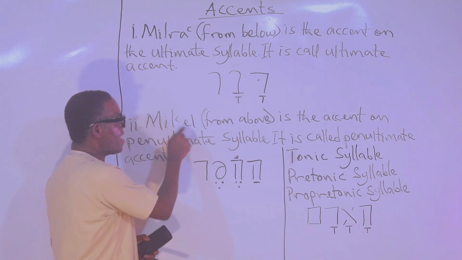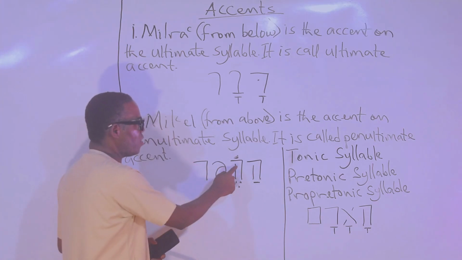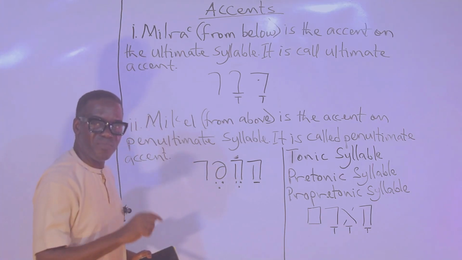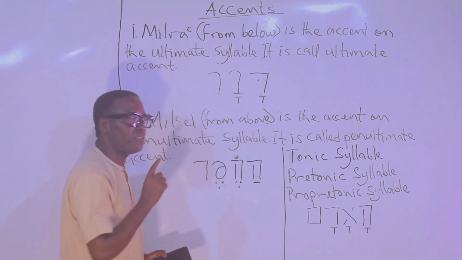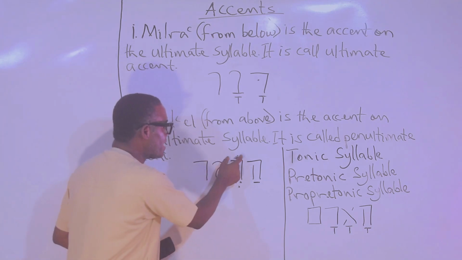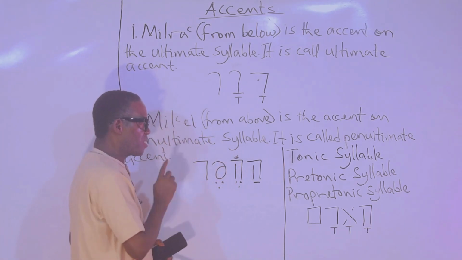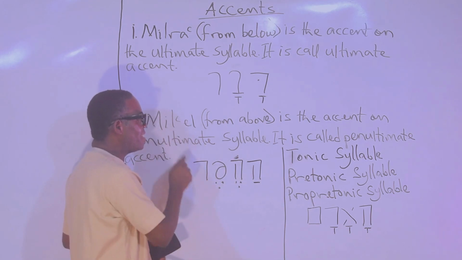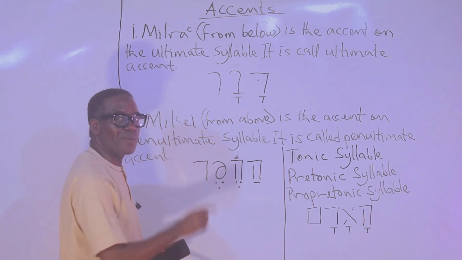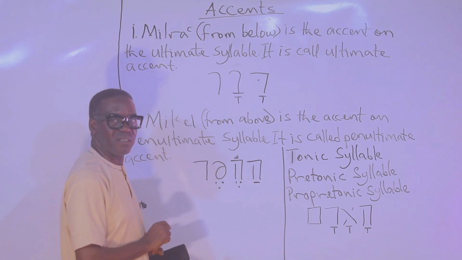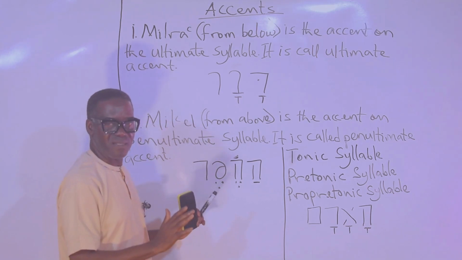Now, mil-a, which is the accent on the penultimate syllable, or penultimate accent, is indicated. So when you see it on the syllable before the tone syllable, you should know that this is mil-a, not milra. Take note of this.